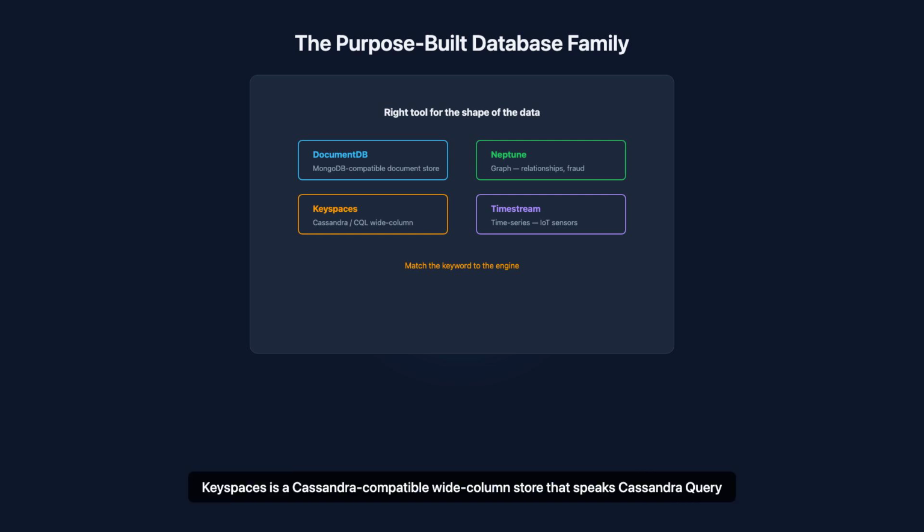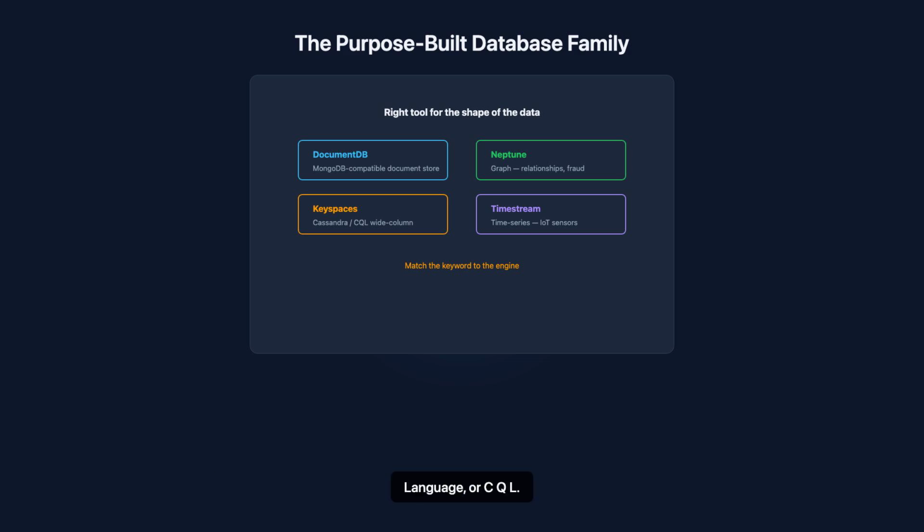Keyspaces is a Cassandra-compatible wide column store that speaks Cassandra Query Language, or CQL, and TimeStream is built for time series data, like Internet of Things sensor readings streaming in over time. The exam tests this as keyword matching, so anchor each one: MongoDB to DocumentDB, Graph to Neptune, Cassandra to Keyspaces, Time Series to TimeStream.